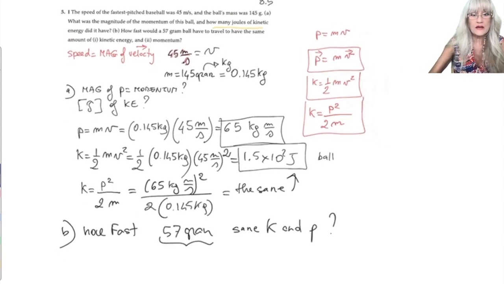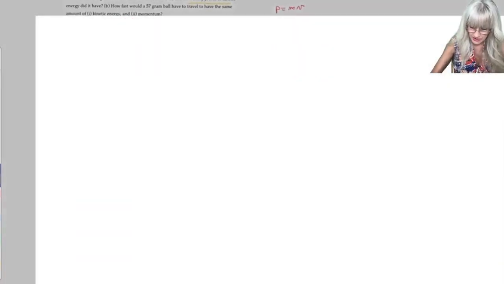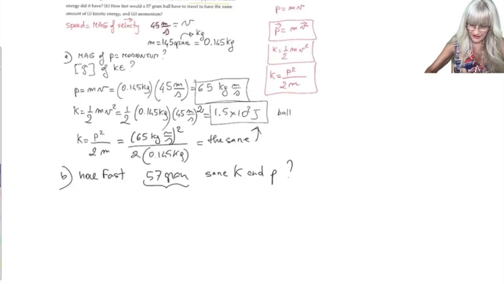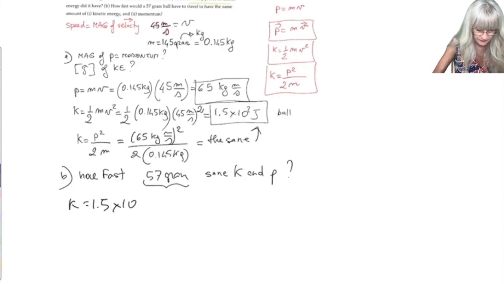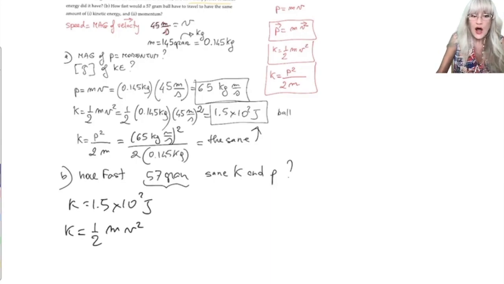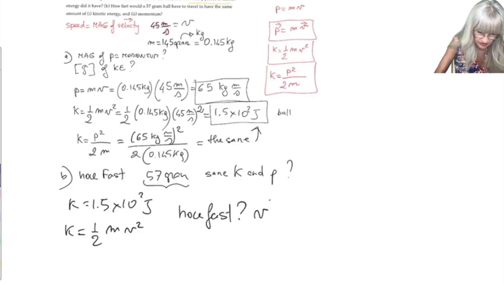If they have to have the same kinetic energy, I know that the value for K has to be fixed at 1.5 times 10 to the 2, and that the kinetic energy is given as 1/2 mv squared. So how fast? What does it mean? It means I want to find v.